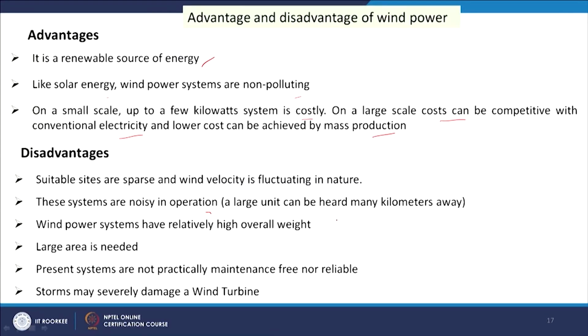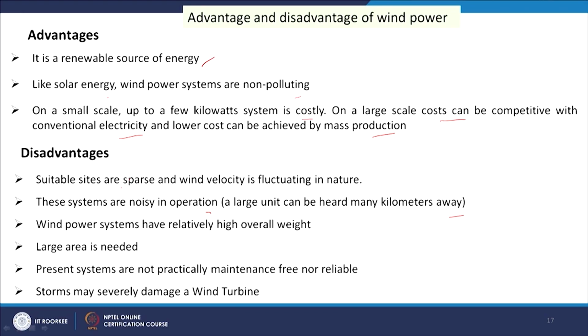But it also creates some noise pollution, because these systems are noisy in operation. A large unit can be heard many kilometers away, suitable sites are sparse, and wind velocity is fluctuating in nature. So, every time we may not get wind, and it requires very large land area.